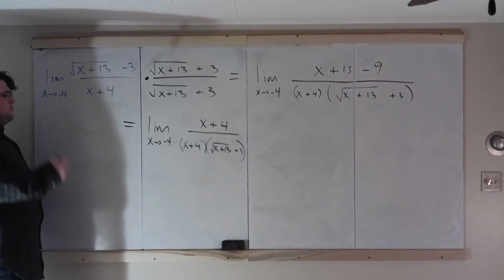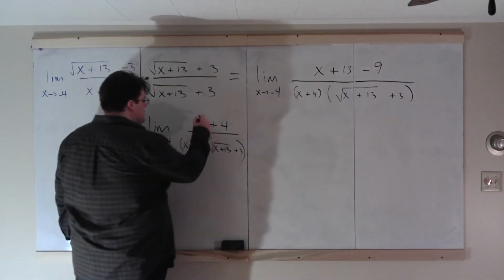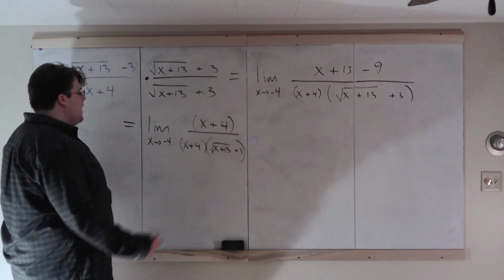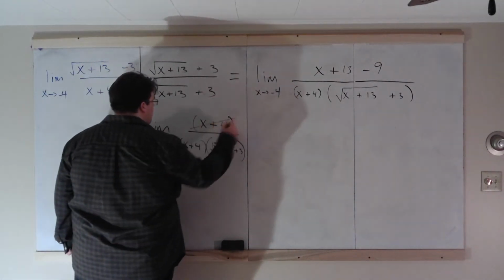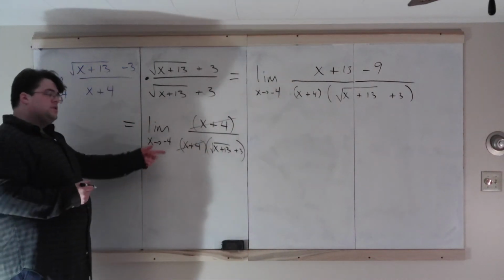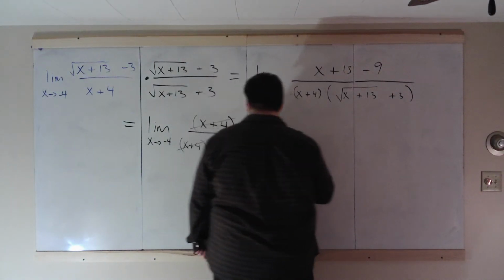But now, look at what we have. We can't do a direct substitution yet. We'd still get a 0 over 0. But look at what we have. We have an x plus 4 on top and an x plus 4 on the bottom. So close to negative 4, they will cancel to 1.